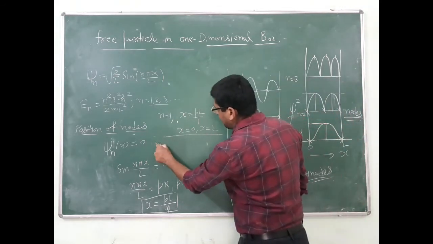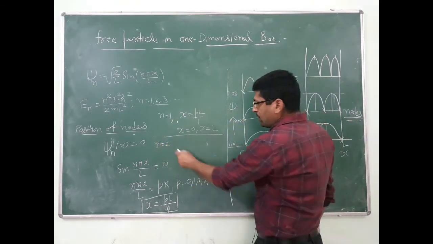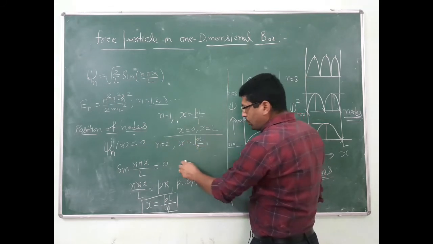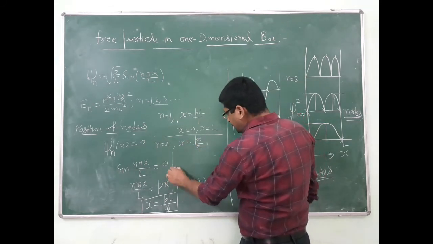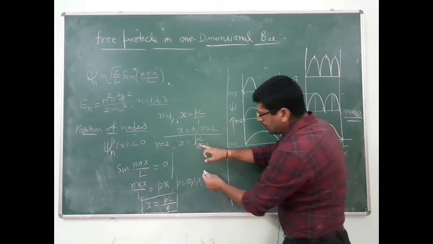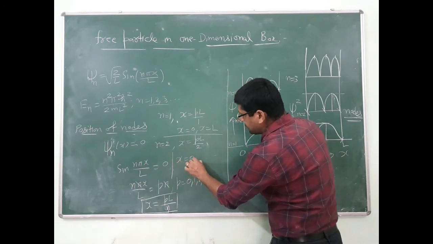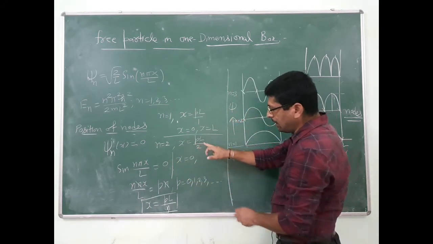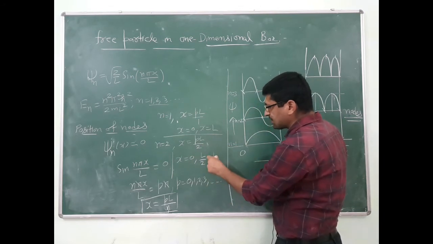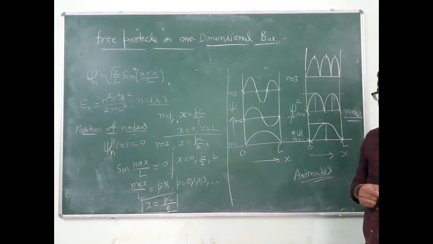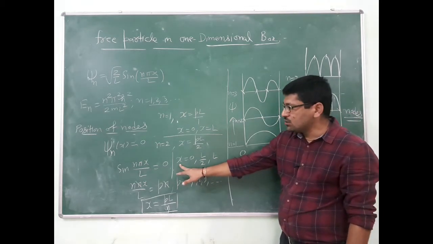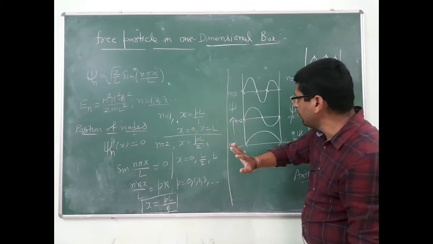Similarly, we can calculate this for n is equal to 2. For n is equal to 2, x will be pL by 2, and now change the value of p. If p is 0, then x will become 0. If p is 1, then x will be L by 2. If p is 2, then x will be L. So there are 3 points at which the wave function will become 0.